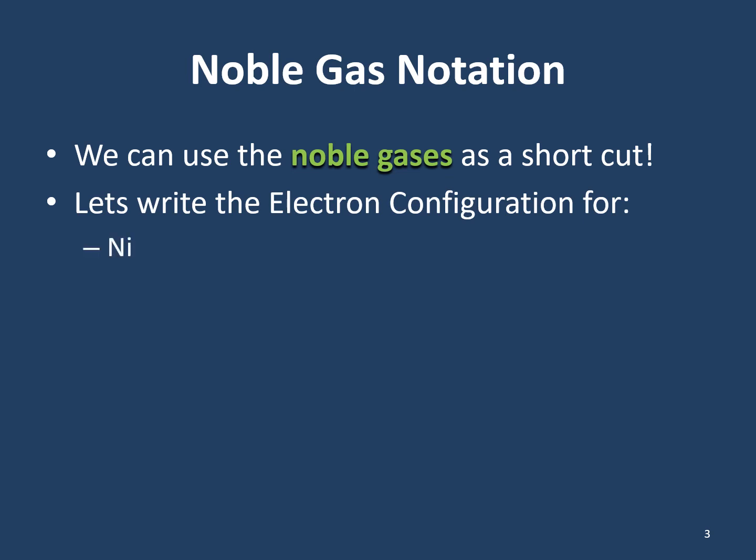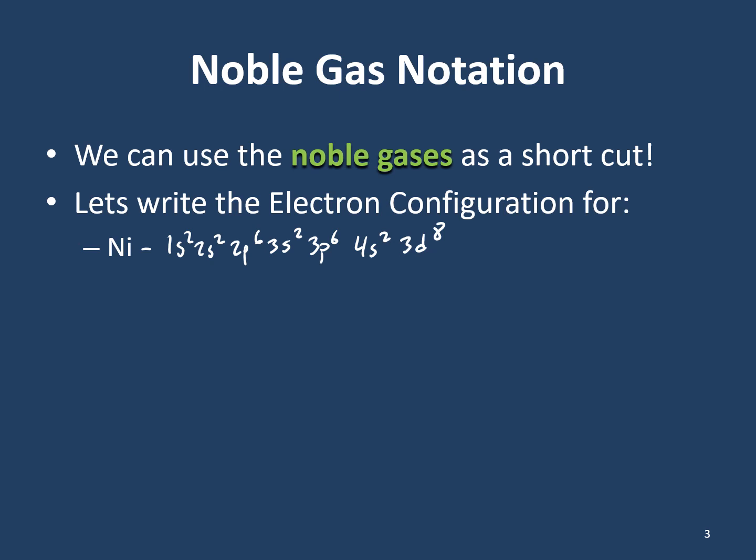So let's look at the electron configuration of nickel. If we write it out, it's 1s2, 2s2, 2p6, 3s2, 3p6, 4s2, 3d8.